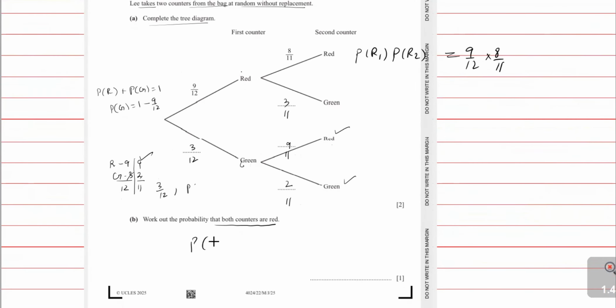Therefore, the probability of R1 into the probability of R2 will be equal to 9 over 12 into 8 over 11. And this is 4 times 2 is 8, 4 times 3 is 12, 3 times 3 is 9, and we can write 6 over 11. This is the probability of part B.